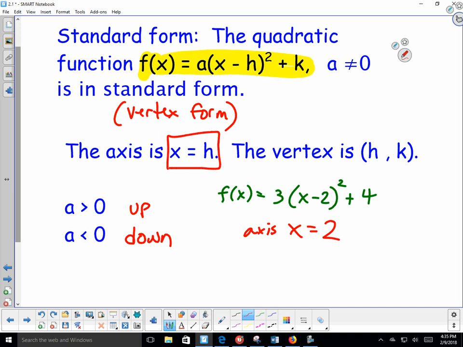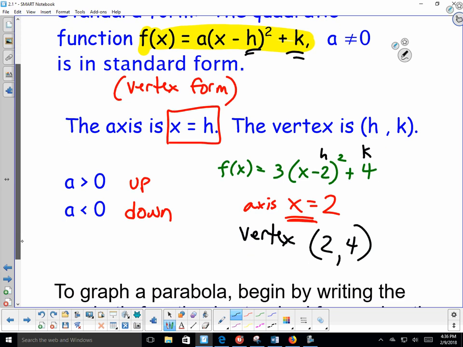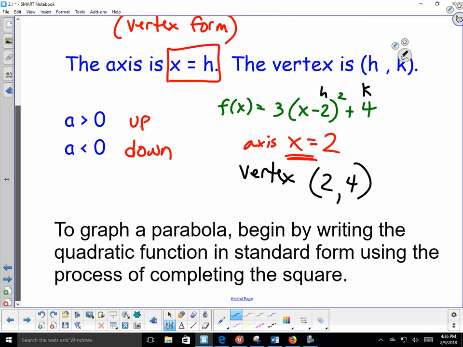And remember, when you're writing the axis of symmetry, you have to put the x equals, because you're talking about the line. You're giving an equation of the line. And the vertex is going to be (h, k). So in this case, it would be (2, 4). This is your h. This is your k, right? H, K.